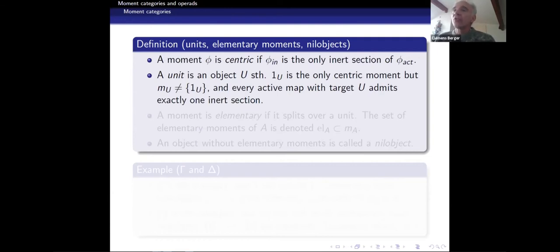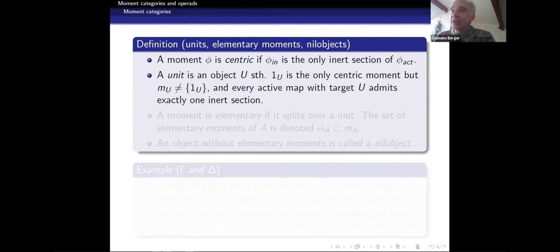But you also, for some reasons, require that there is at least one non-centric moment. So the set of moments is not reduced to just the identity of the object. So this is some kind of primitivity notion.